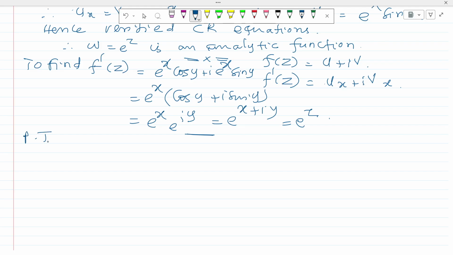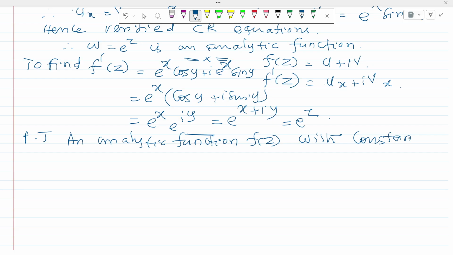Prove that an analytic function f of z with constant real part is constant.